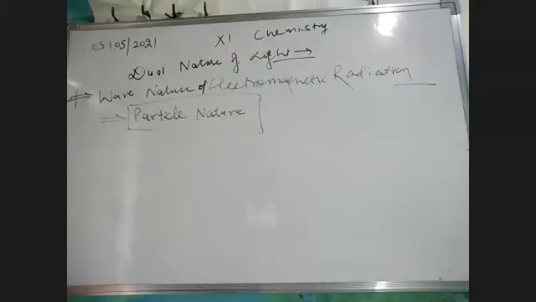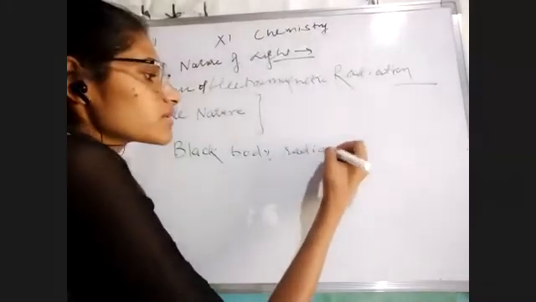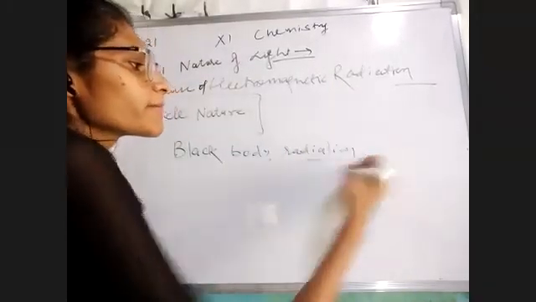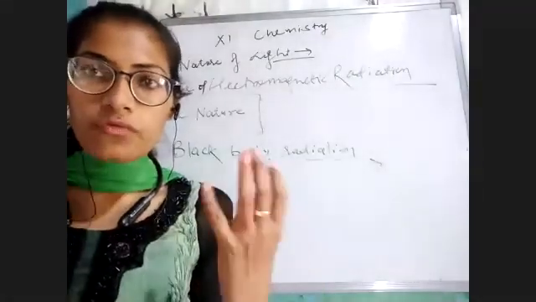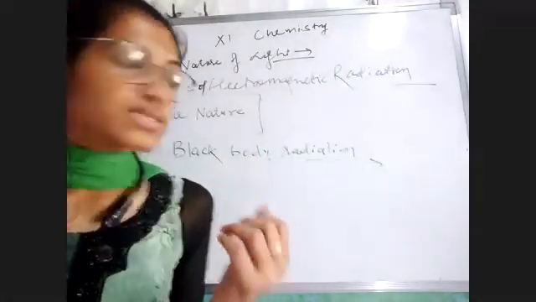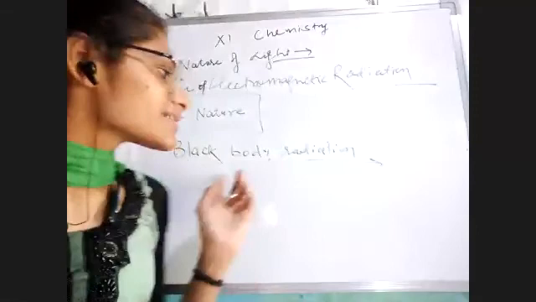Now, when we have studied the black body and black body radiation, we came to know that it absorbs and emits all kinds of frequency, all kinds of radiations. Whenever it emits the radiations, this is known as black body radiation.